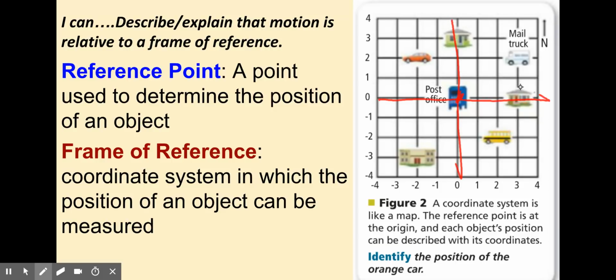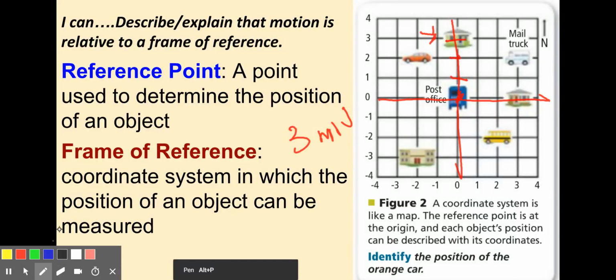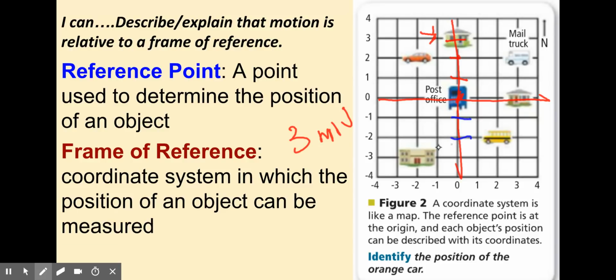Relative to that, we can say where everything is. 1, 2, 3 meters north is a bank. We could say 1, 2 meters south and 1, 2 meters east, there's a bus. So relative to our reference point, the post office, we can say where all the other things are located in our frame of reference, in our coordinate system that can be used to measure the position of objects.